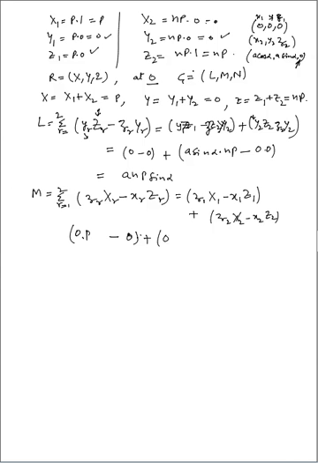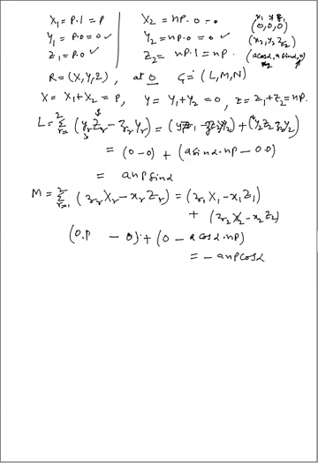So 0 minus x2, x2 is A cos alpha, and A cos alpha into NP, because you can think it in this way also. A cos alpha into NP is equal to minus A NP cos alpha.